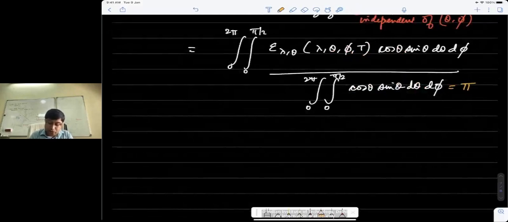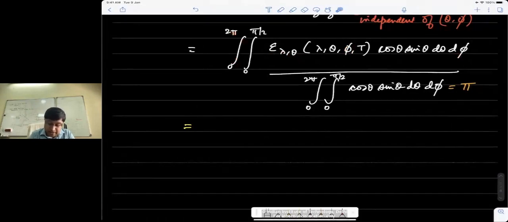Frequently it is also assumed that the radiation emission is independent of the azimuthal angle. We assume that the angle phi, which is the angle in the plane, has no dependence. It's only with the polar angle, which is theta. If epsilon lambda theta is independent of phi, then the integral of d phi just becomes 2 pi.